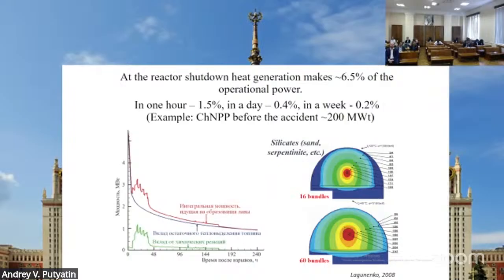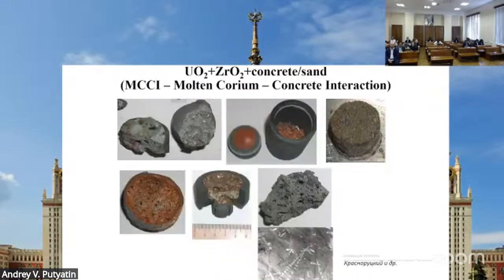So if you have debris of the reactor core and you put something on top of it, for example, construction materials, you start to melt. And then you produce so-called MCCI, molten corium concrete interaction materials, which look like a kind of glassy or ceramic material.